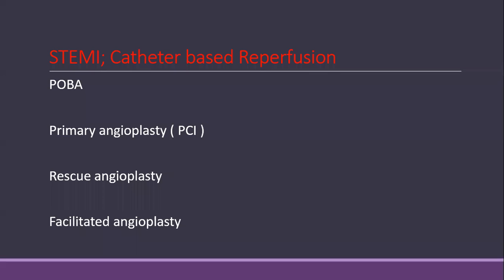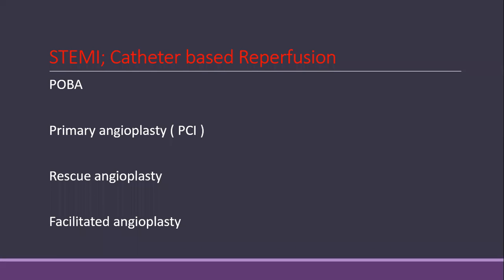You place the stent across the lesion. Here we call it coronary intervention because you are doing more than only balloon inflation. There are different procedures done during coronary angioplasty inside the coronary artery. So primary angioplasty is actually primary coronary intervention.